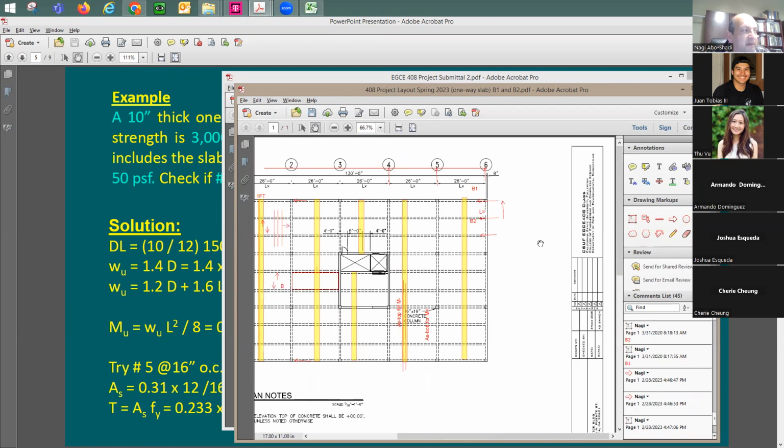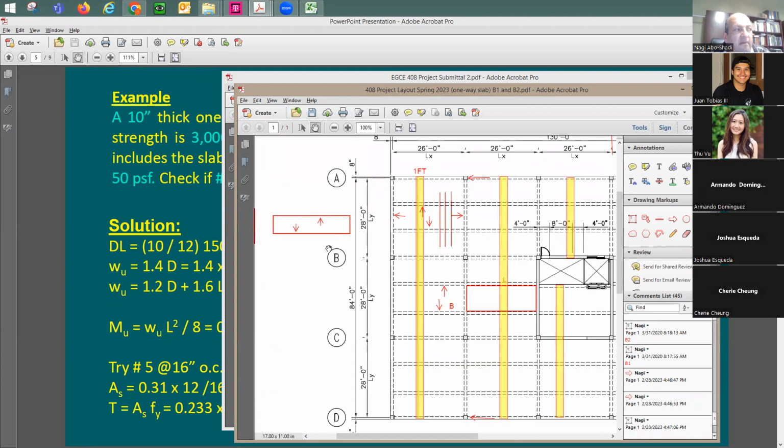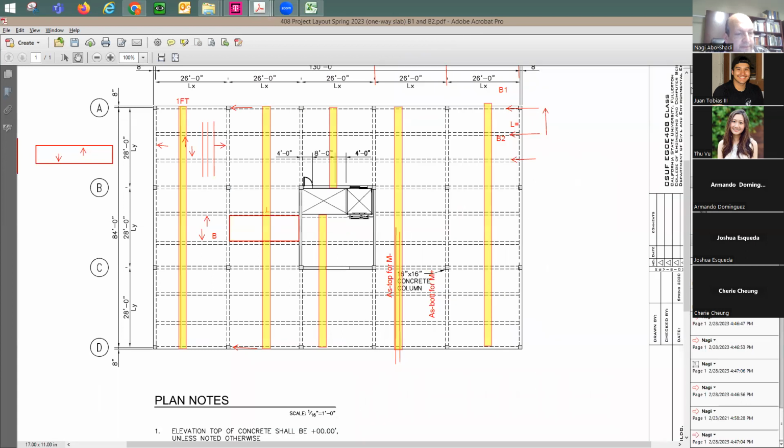The span from here to there, how much is that? 9.33.